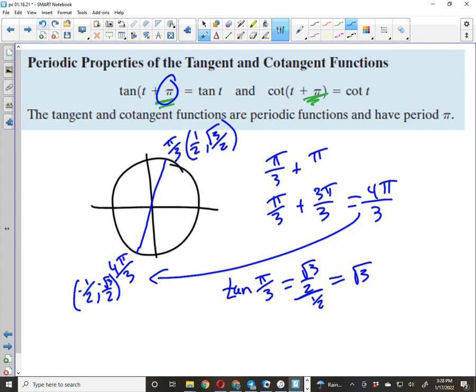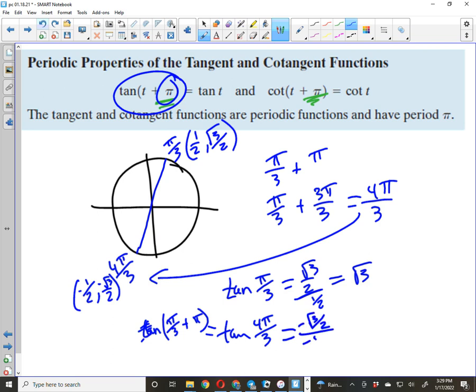Or if I add pi to that and get the tangent of 4 pi over 3, this is the tangent of pi over 3 plus pi, right there. 4 pi over 3 is going to be negative root 3 over 2 divided by negative 1/2. The negatives cancel, and we end up with root 3.